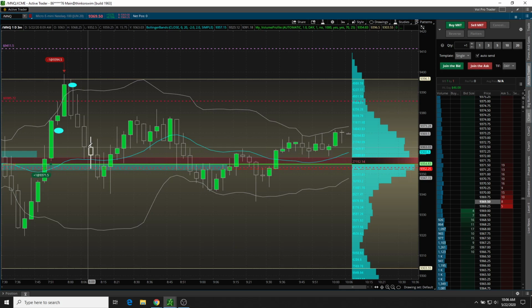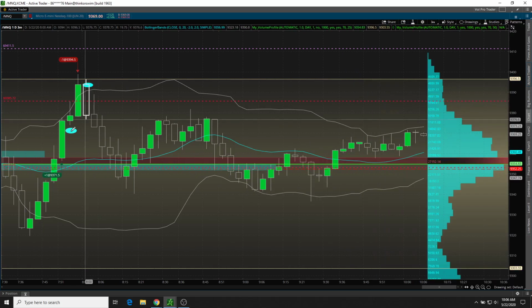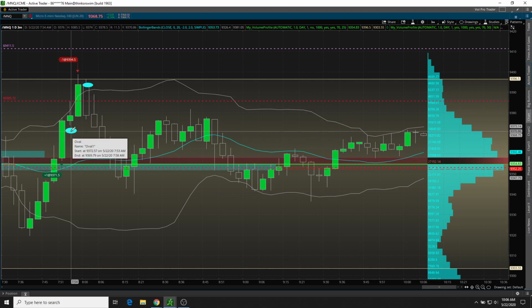Had I traded the regular NQ contract, that would be $460 profit. The profit's not important here. It's all about the process of the trade.